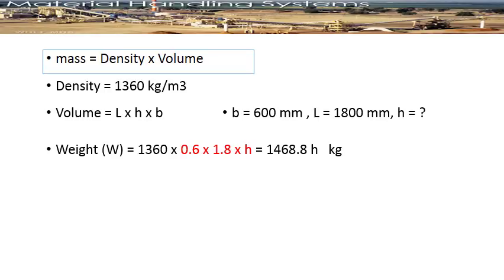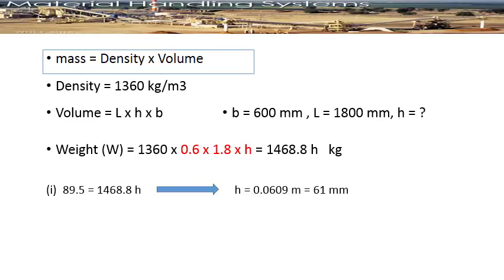Everything multiplied by the 1,360 kilograms per cubic meter, and then we have the weight as a function of h: W is equal to 1,468.8 h. So whatever the value of h is going to increase, the value of the mass is going to increase, and vice versa.